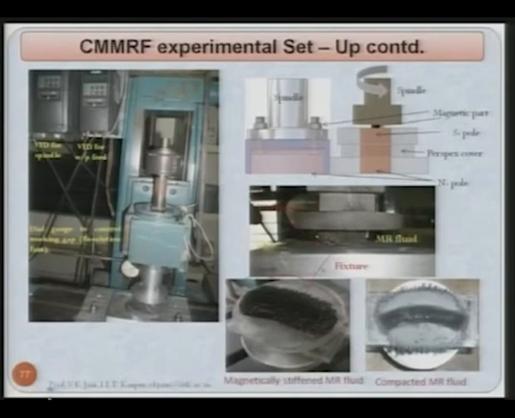And when compacted MR fluid, that means you have compressed the pad, and then when it starts finishing, then you can see here MR fluid is here also, and it is distributed on all these surfaces.